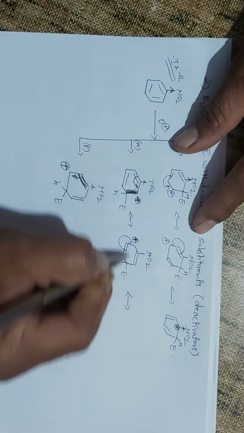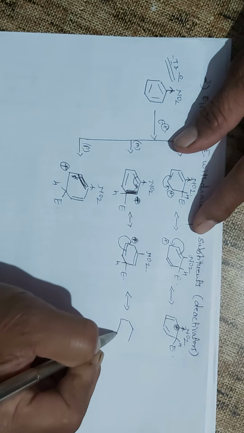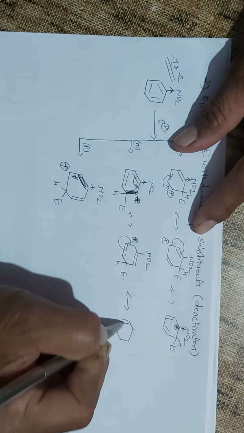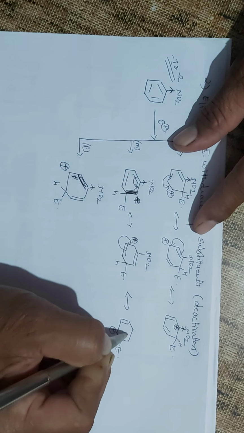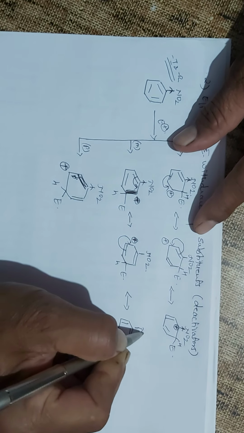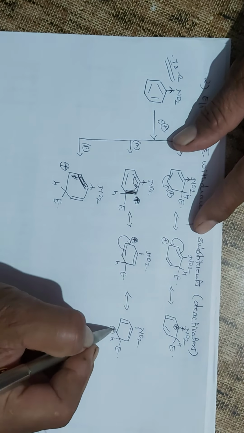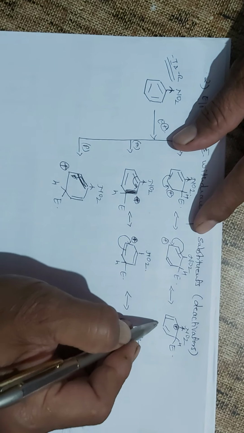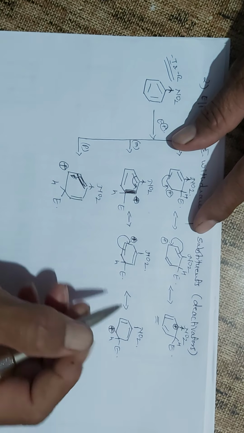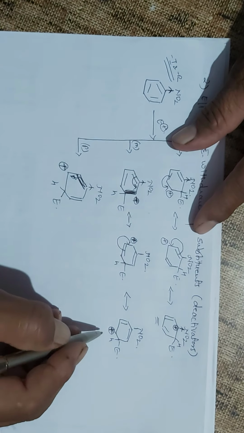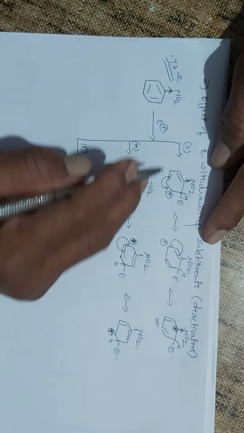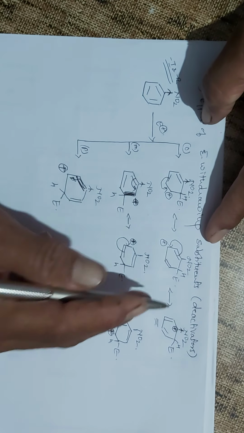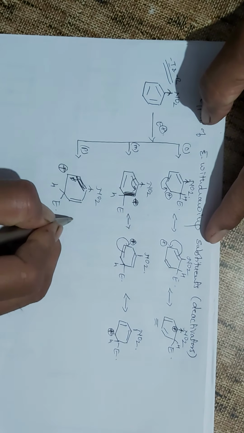And here again you will see the positive charge is here, the electrophile, and this is the nitro group. Such destabilization is not seen in these three structures, and that's why the meta substituted product is the major product when the substituent present in the benzene ring is electron withdrawing, that is, deactivating.